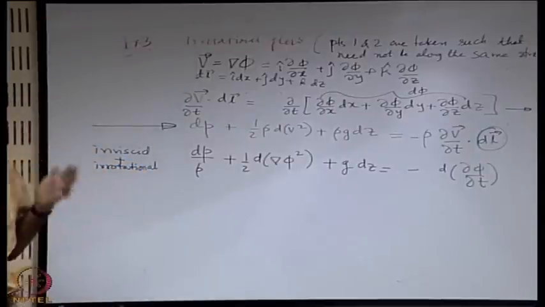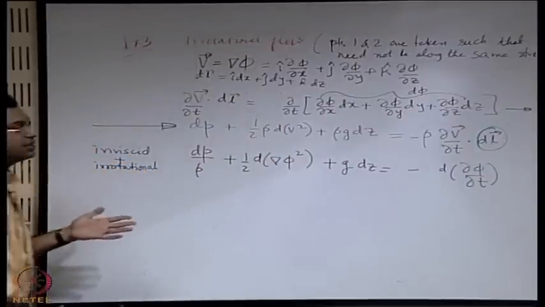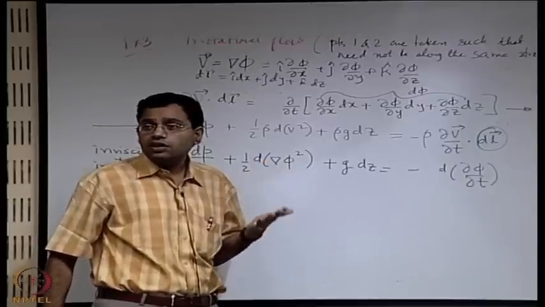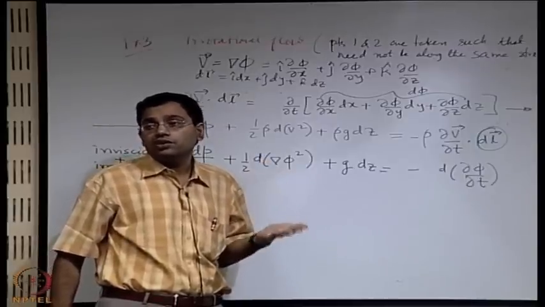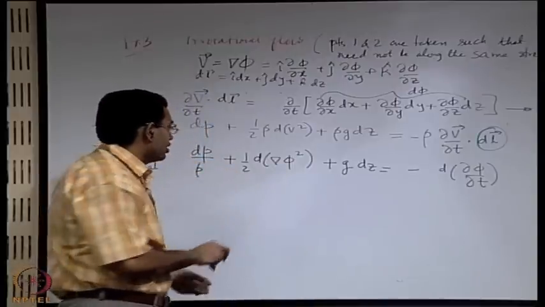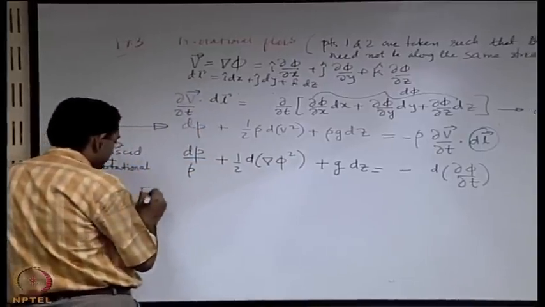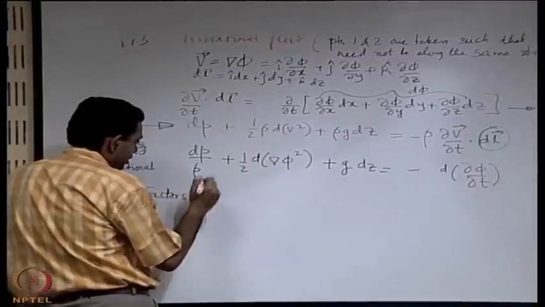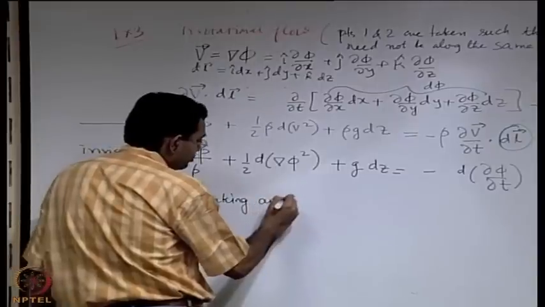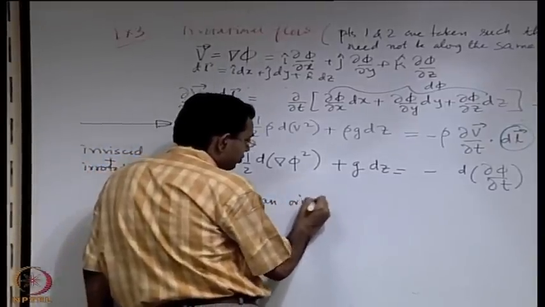So there are certain factors which can create a situation such that an irrotational flow, the flow which was originally irrotational, now becomes rotational. So what are those factors? The factors making an originally irrotational flow into a rotational one.